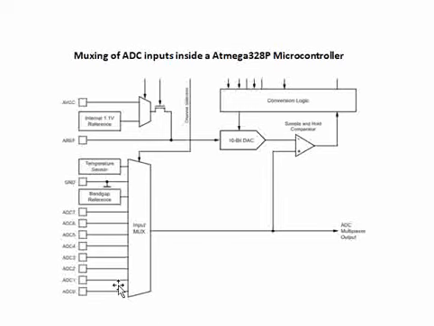You can see here there is an input mux, and all the ADC pins are connected to the mux, and then this mux output is further given to the respective sections of the ADC.